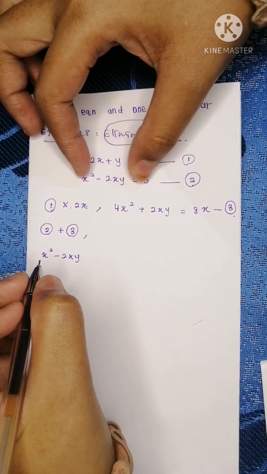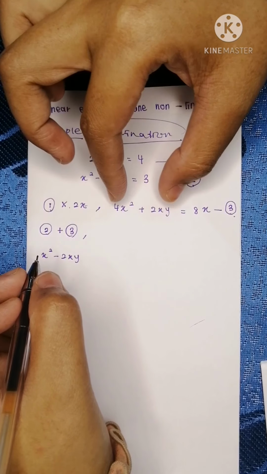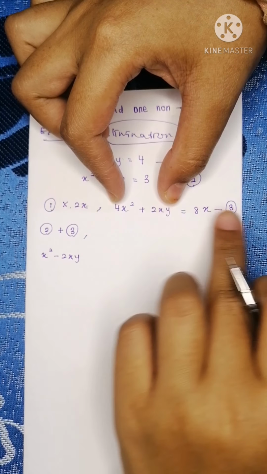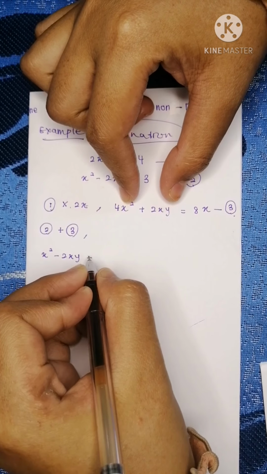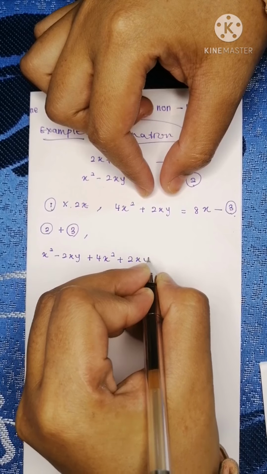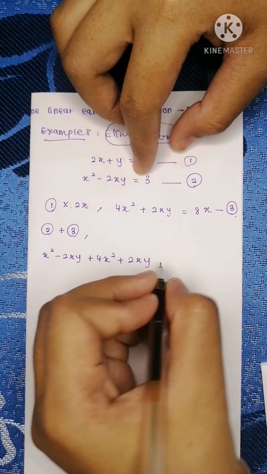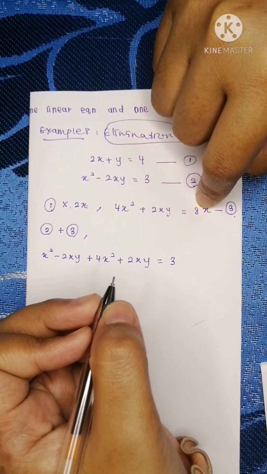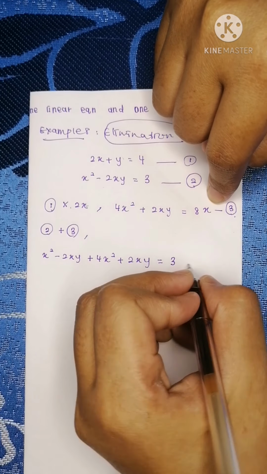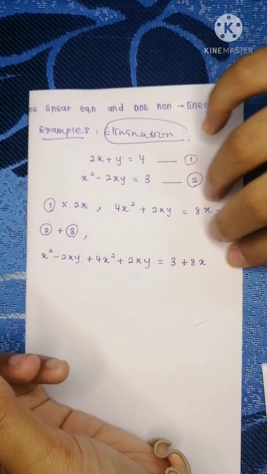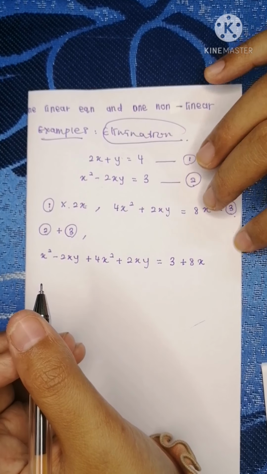And then copy the left hand side of equation 3, so positive 4x squared plus 2xy. Then equal to, take 3. And then the right side from equation 3 is plus 8x. Okay, so done for this one.